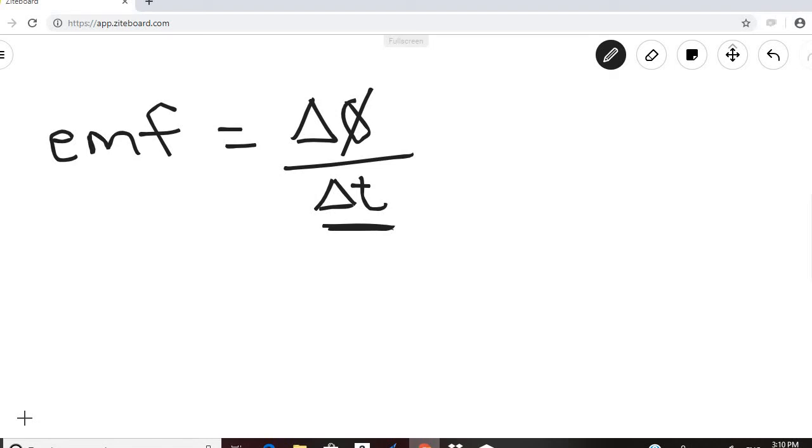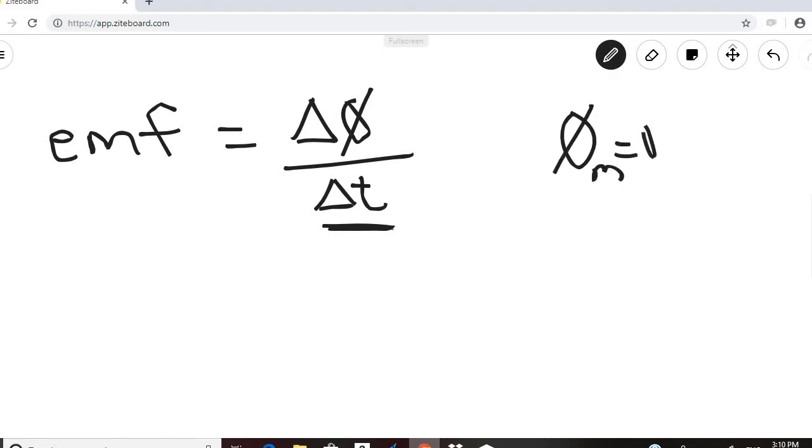So if we look back at that experiment, you can see that the A stays constant, right? So let me go ahead and write this up again.